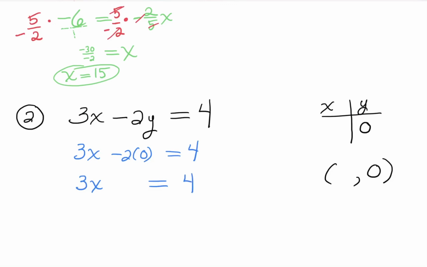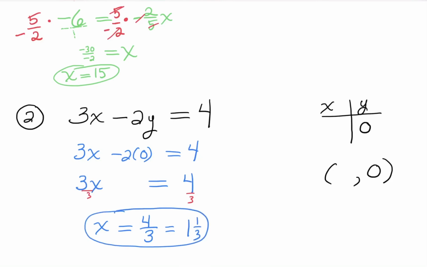Like in this case, we just get 3x equals 4. And then, of course, my last step, I would divide both sides by 3. And so I would end up with x equaling 4/3, which is just fine like it is. If I was going to graph it on a coordinate plane, I might be inclined to think of it as 1 1/3, but we can certainly just leave it as 4/3 like that.